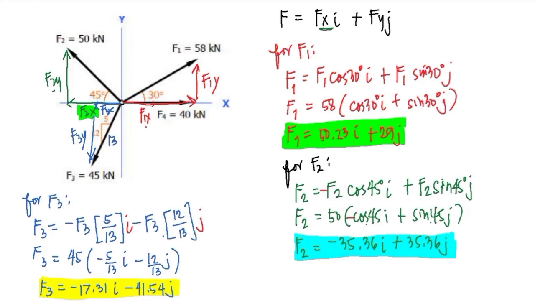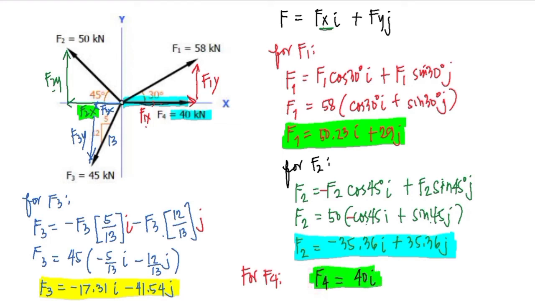Now for F4, as we can see here, F4 is purely horizontal to the right. That's 40 kilonewton. So it has only x component. So we can say that F4 is just equal to 40 kilonewton i, since it has only x component, it does not have the y component.